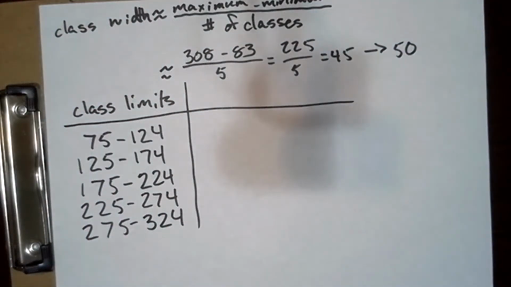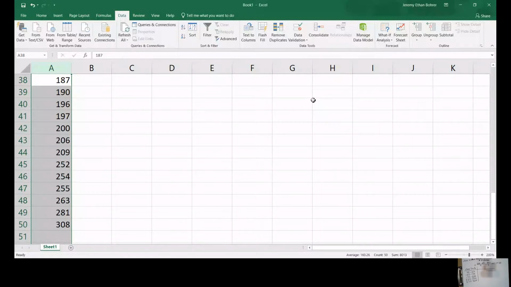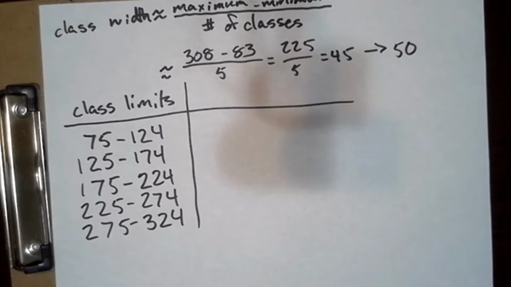Now, the next step is to go back to Excel and find everything that goes into each of these classes. Now, we could create tally marks. In fact, I'm going to go over to the slides and we can tally for a moment just to see what that would look like.